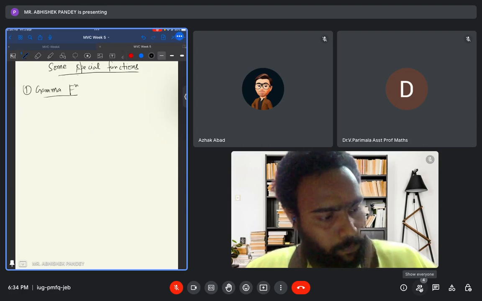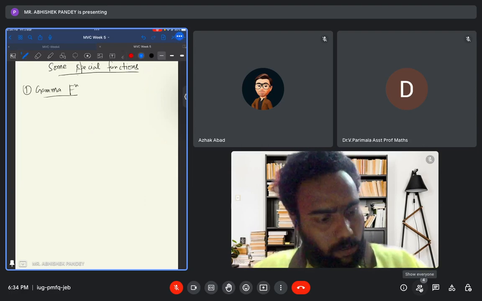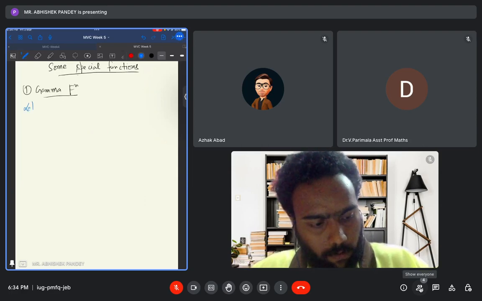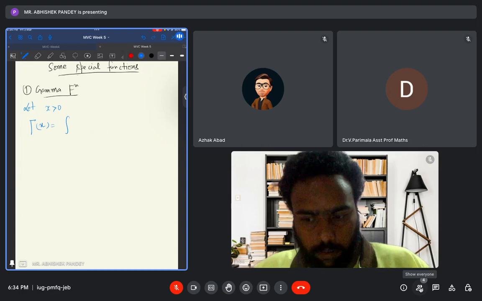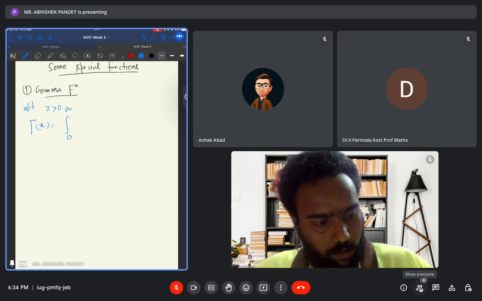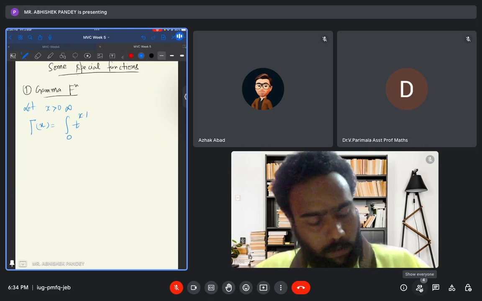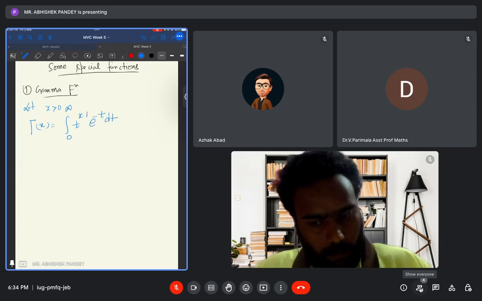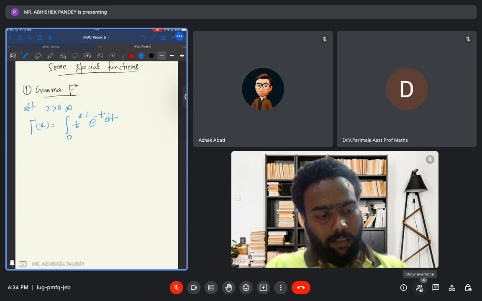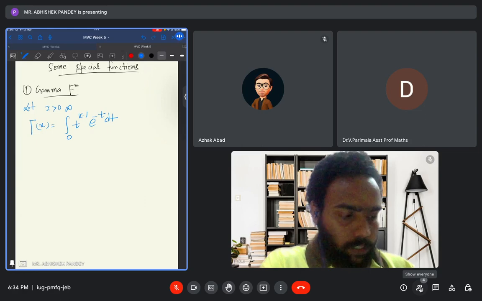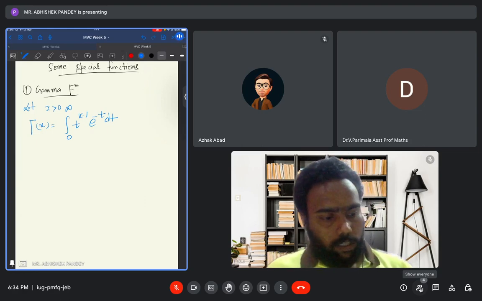Let x be positive, so gamma of x is nothing but the integral from 0 to infinity of t to the power x minus 1 e to the power minus t dt. I hope this is clear. If I'm writing this definition incorrectly, just let me know.